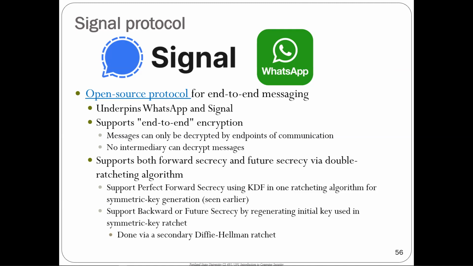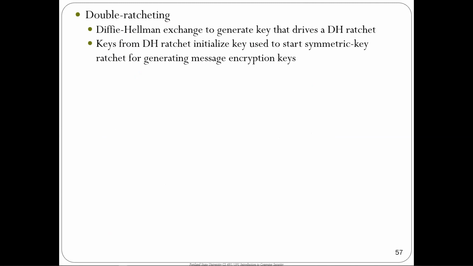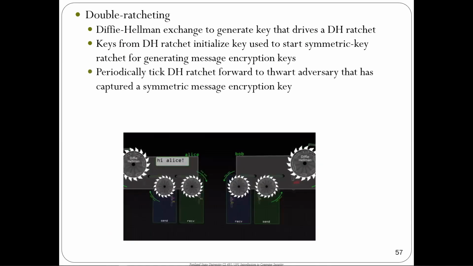And this is done via a secondary Diffie-Hellman ratchet. So you do the Diffie-Hellman exchange to generate the key that drives the next Diffie-Hellman ratchet. And then those things will be used to get your symmetric keys. So you will periodically reset the ratchets that are being used to generate the symmetric keys.